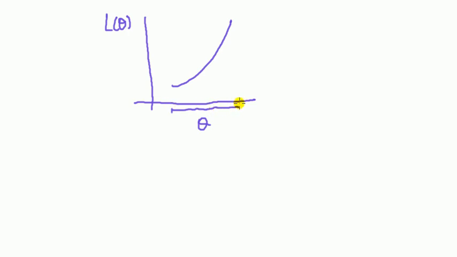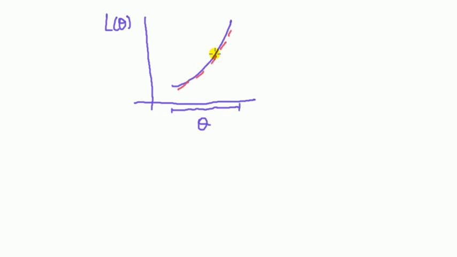Let's say we have a likelihood function that looks something like this. This is the range of values that theta can take for this model. Can you see that the slope is increasing with theta? When you try to find the first order condition, you're not going to be able to find it, because there isn't one.